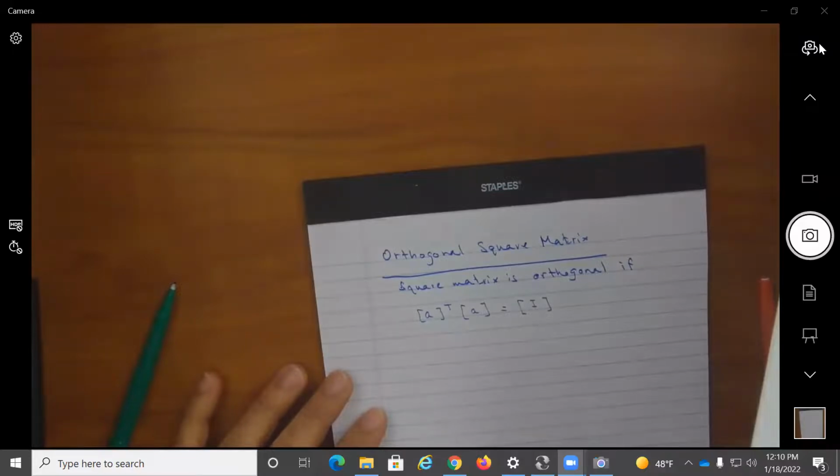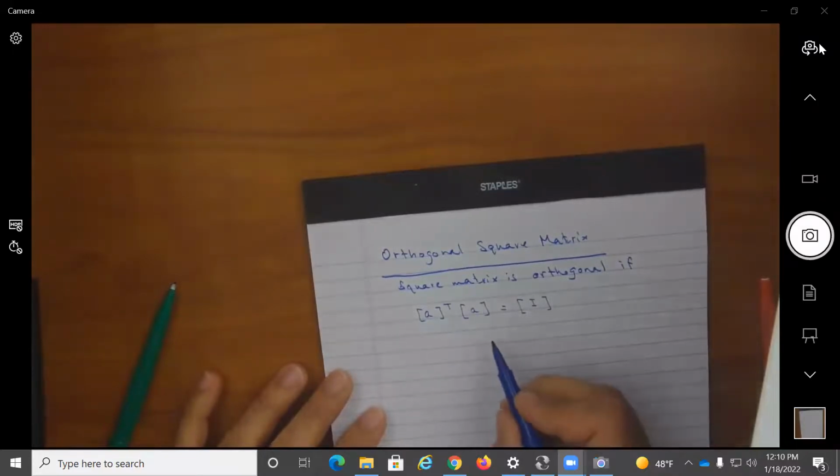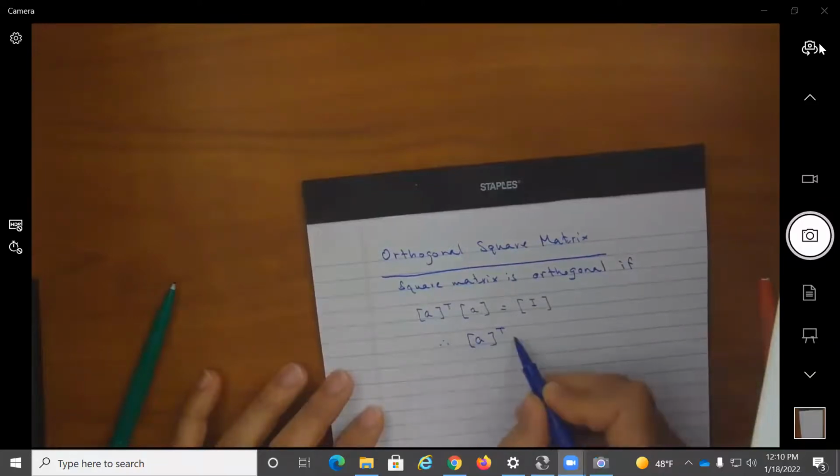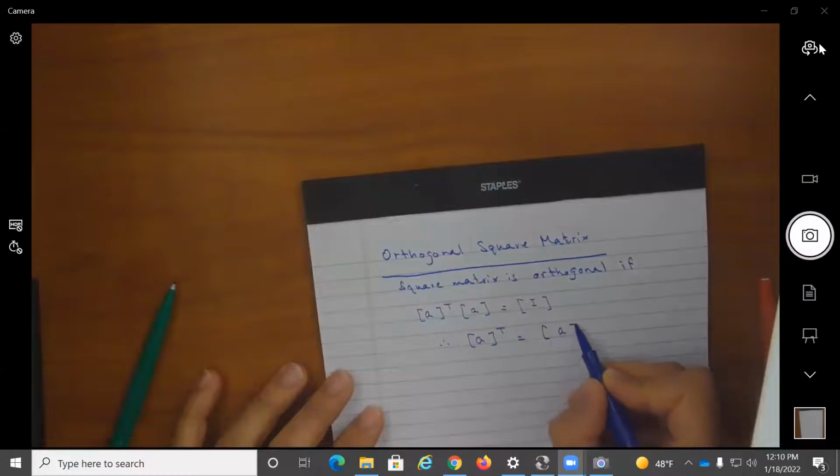That A transpose is equal to the inverse of A.